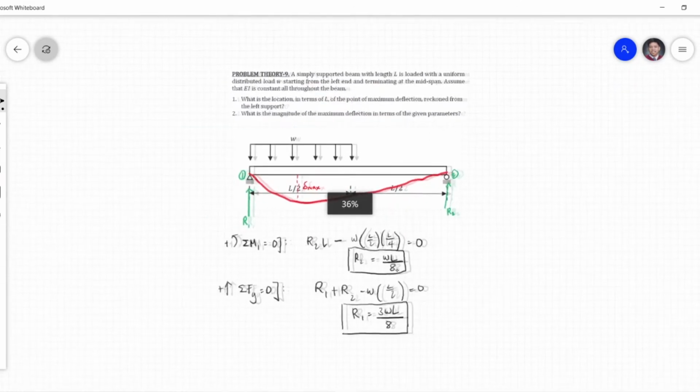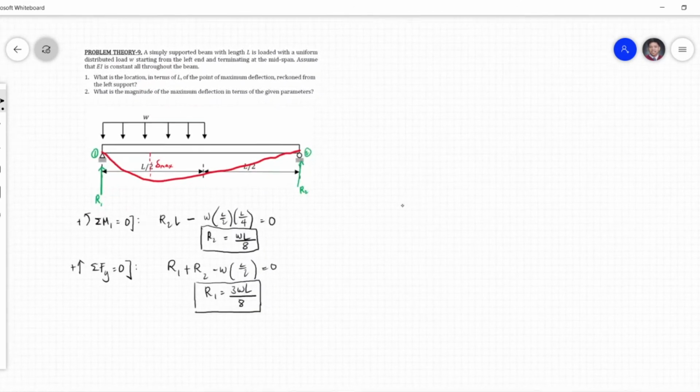Now, kung meron na tayong reaction, pwede na nating i-apply yung ating Macaulay functions to get the moment. Take note, tingnan natin yung arrangement o yung placement ng loading natin. So, nakasagad siya to the left end, tapos titigil siya at midspan.